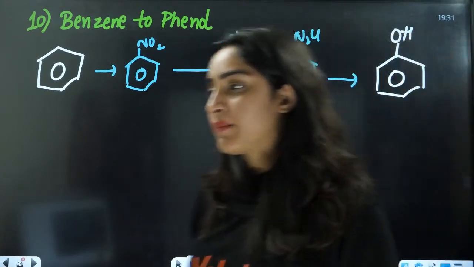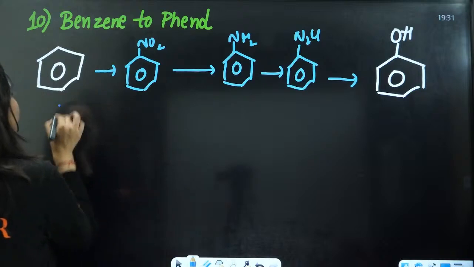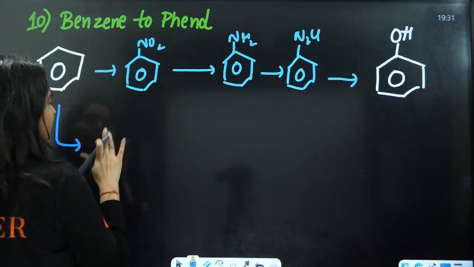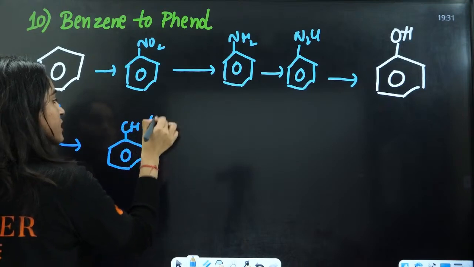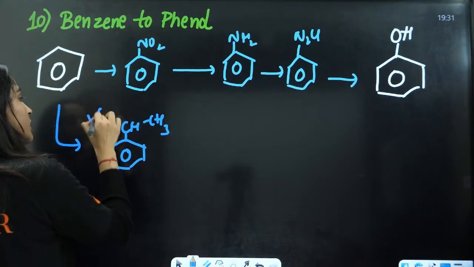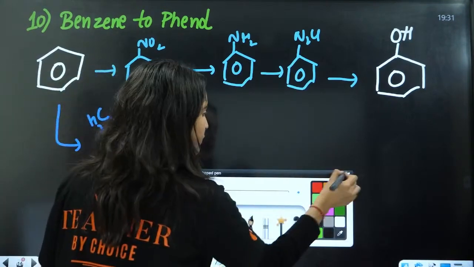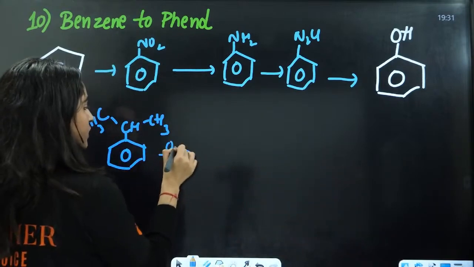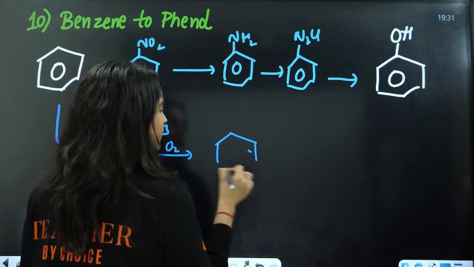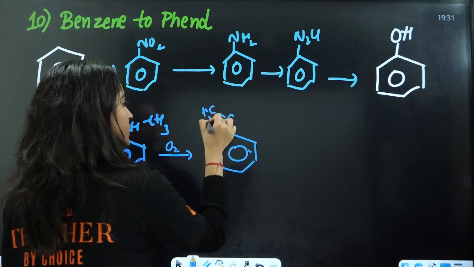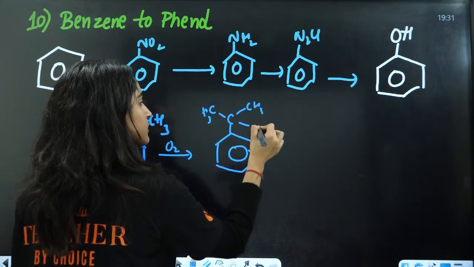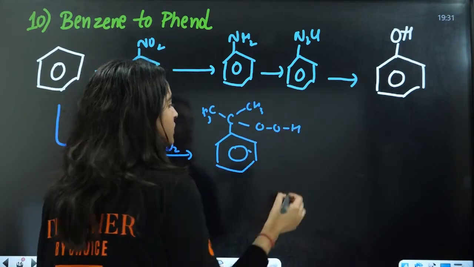The second way can be, you can convert it into cumene, that is CH3, right? And then you can add O2 here, and this will be CH3, then OOH here.